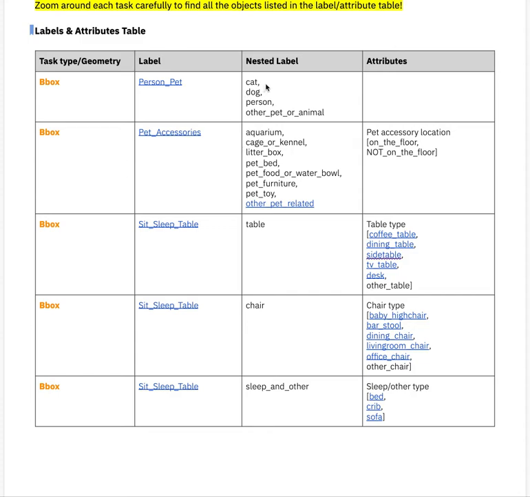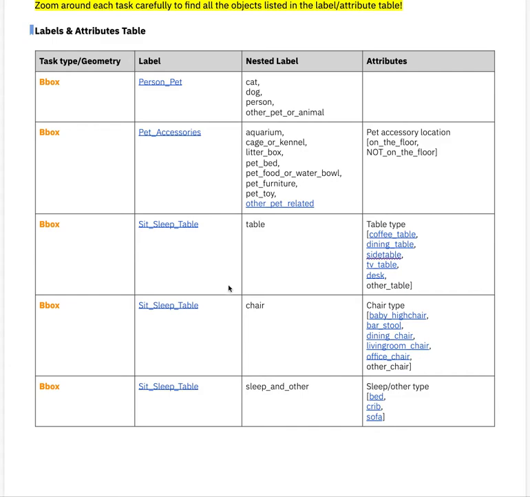All right, so this table lists all the objects that you will need to worry about in this project. There's going to be some labels that are different pets or people, so 4 labels here. Some labels that are actually pet accessories, so things for pets like aquariums, pet furniture, things like that. And for each of these, you'll need to answer whether that accessory is on the floor or not on the floor.